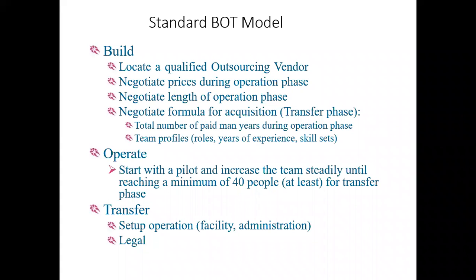So that is called paid man year. So that is also negotiated during the acquisition phase.